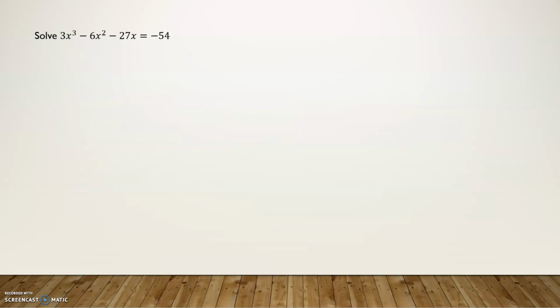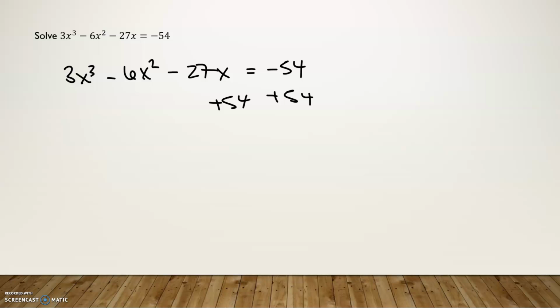Okay, now again, I've got 3 terms, 4 terms, 3, 4. Now I think of factor by grouping. So I'm going to move that negative 54 over to the other side. So let me get this written down. I'm going to add the 54 to both sides.